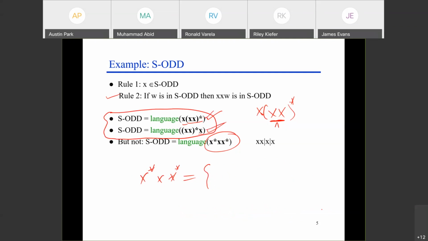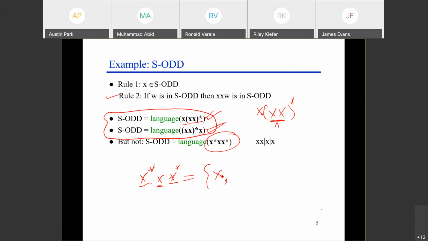Because now you see, what does it mean? The star is not outside the bracket, it is inside. It means this x has a separate star, this x has a separate star, and this x has no star. So when one x has no star, this gives you a guarantee that you will not have lambda, but one x will always be there.